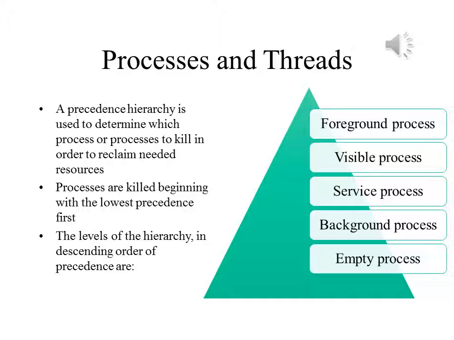Visible process: a process that hosts a component that is not in the foreground but is still visible to the user. Service process: a process running a service that does not fall into either of the higher categories. Examples are playing music in the background or downloading data onto the network.